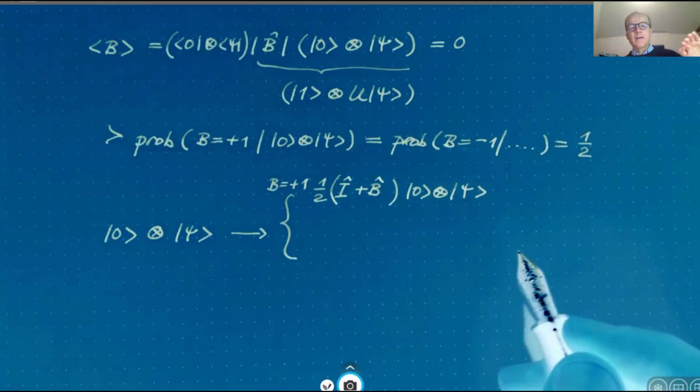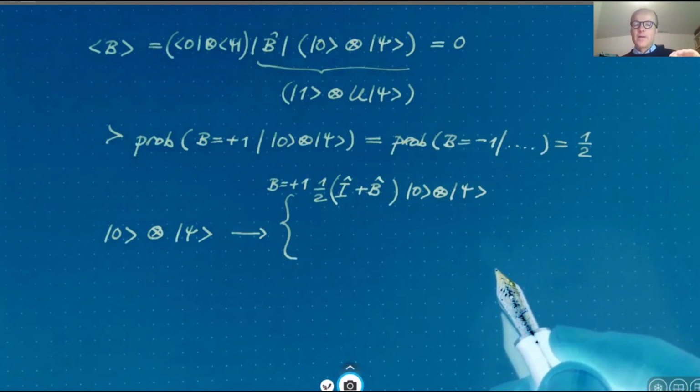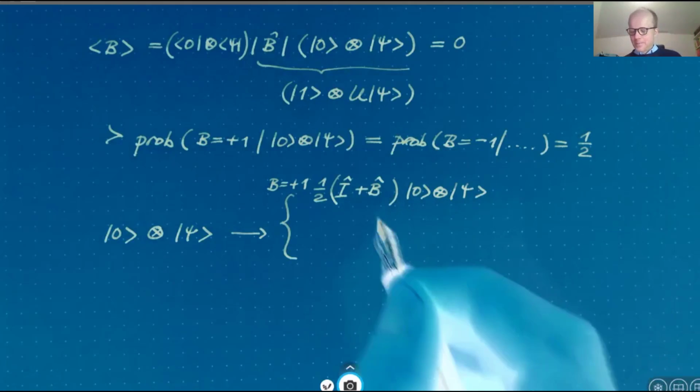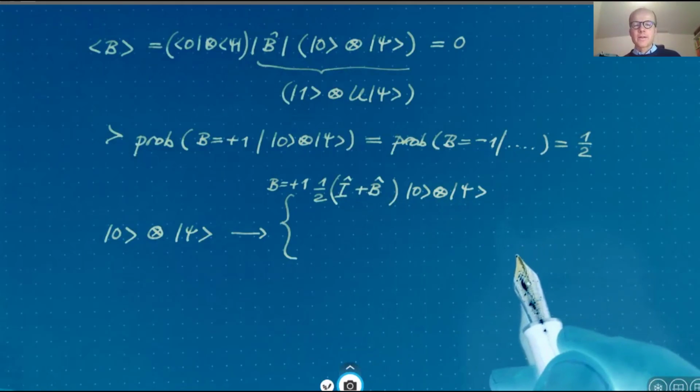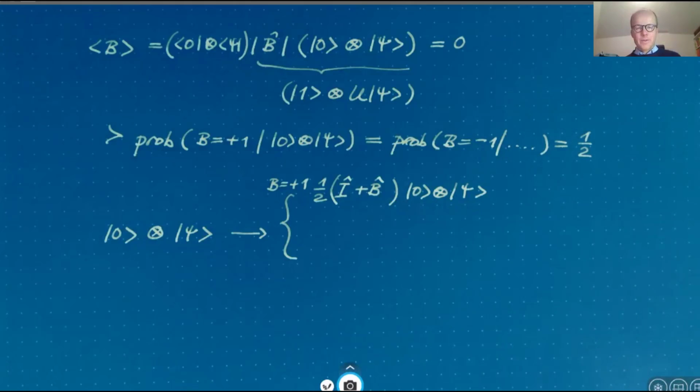So you have then ones where you had the eigenvalues +1, and you have zeros where you had the eigenvalues -1. And the result is that it's a projector, and it projects precisely onto the eigenspace associated with the eigenvalue +1.